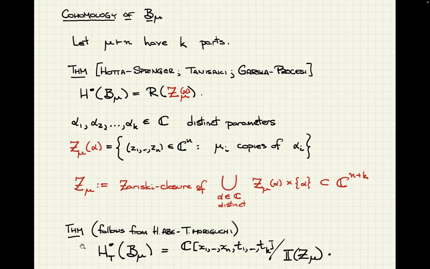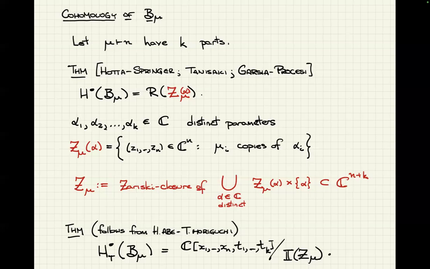It follows from a presentation of Hiraku Abe and Horiguchi that the torus-equivariant cohomology of my Springer fiber can be presented as a polynomial ring in n plus k variables modulo the vanishing ideal of this infinite Zariski closure. So again, we have this strange coincidence where you get this equivariant cohomology Borel presentation from orbit harmonics by sending the alphas to t's.